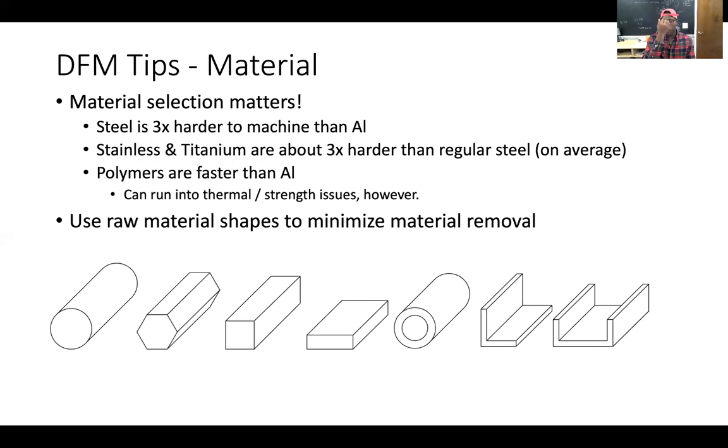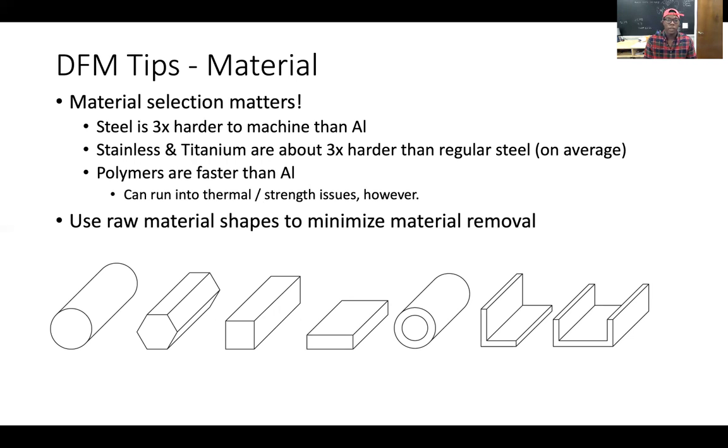Lastly, we're going to take a look at our material selection, because yes, of course it does matter. Now in DML, you might recall that we used aluminum unless we had to weld something. In this case, we know that steel is 3 times harder to machine than aluminum, and that's basically why we used aluminum. Aluminum is easier to machine than steel, but it's harder to weld aluminum than it is steel. So if you don't have to weld, then it's better to use aluminum.